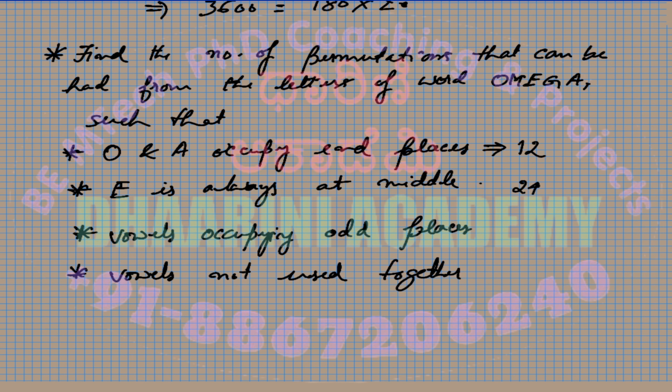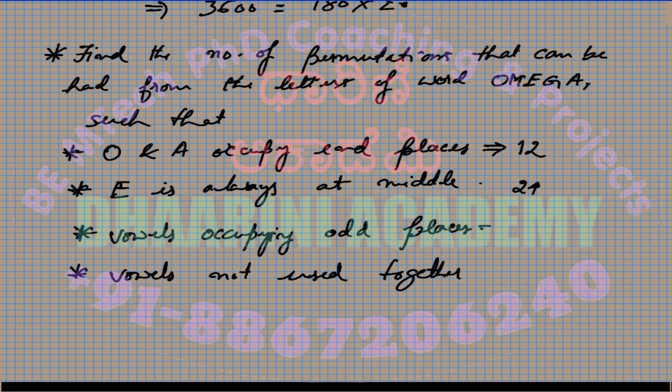The first, third, and fifth positions can be arranged in 3 factorial. Also, you can see that there are two consonants, which can be arranged in 2 factorial. So 3 factorial into 2 factorial is the answer. So the answer is 12. Perfect.